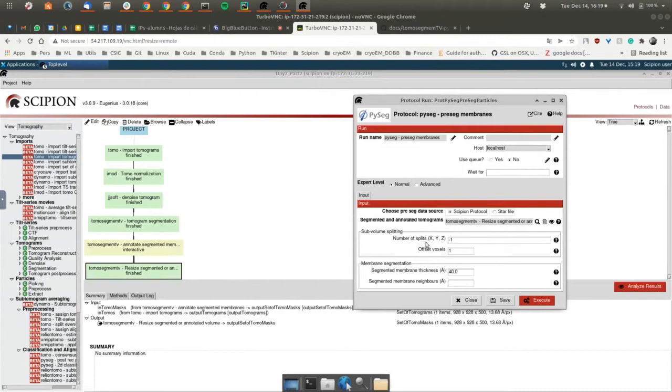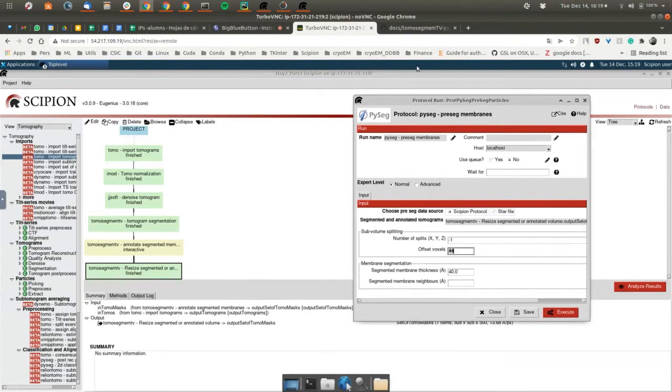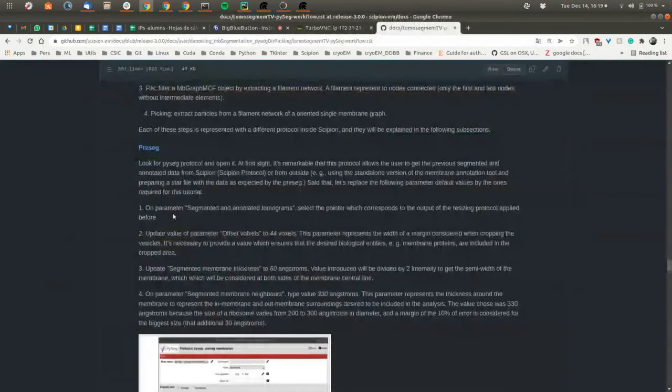Okay, offset voxels. In this case, we are going to use 44. Why is that? The 44 value is expressed in voxels and represents the width of a margin considered when cropping the vesicle.